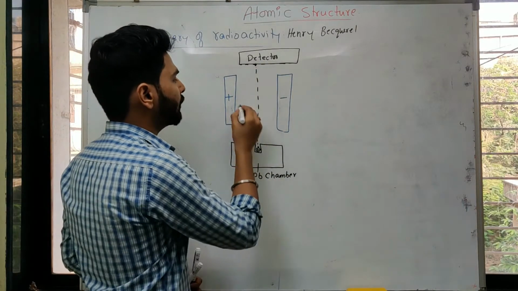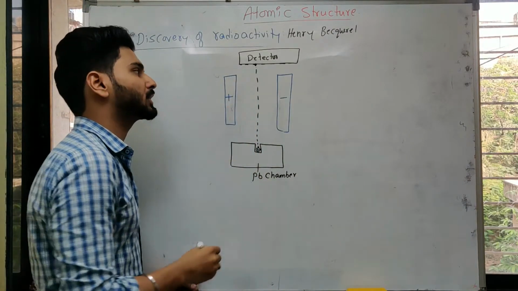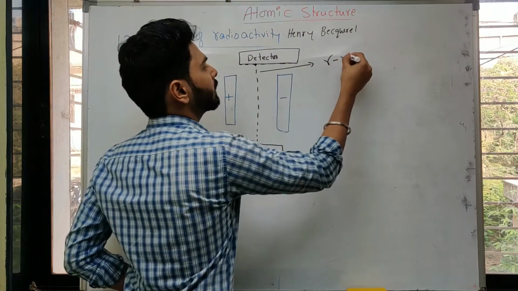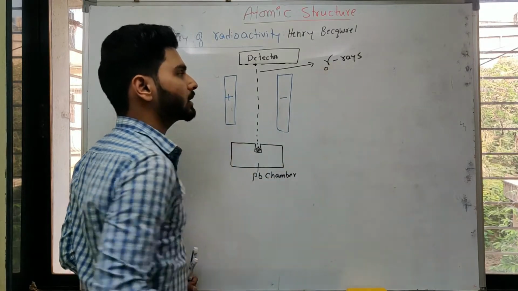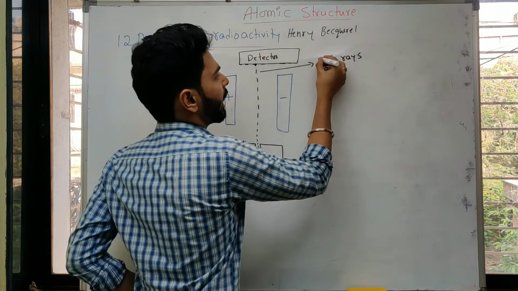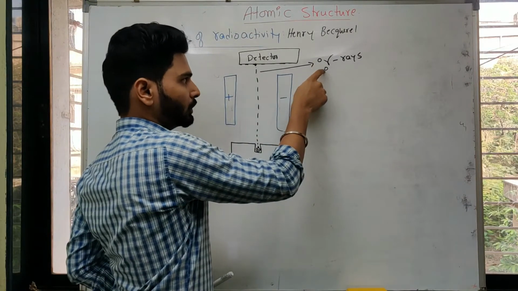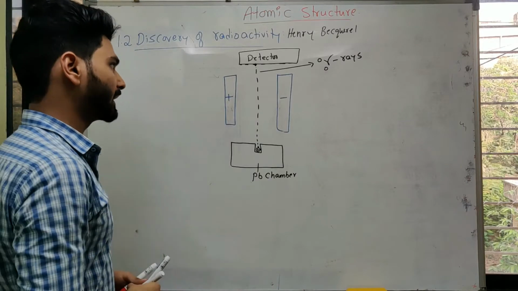They deflected neither towards positive nor towards negative, which indicates that they are not charged radiations at all. That's why they were later named gamma rays. They have no charge, and it was later understood that they do not have mass either. So gamma rays are represented like this: no charge, no mass. Literally they have no mass.